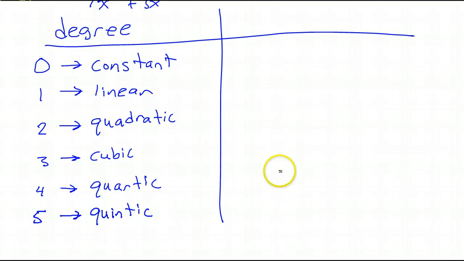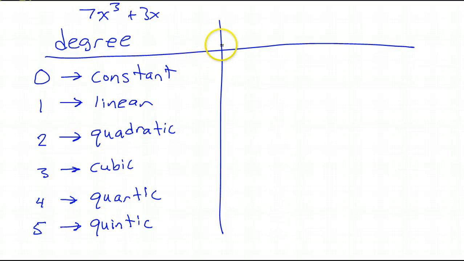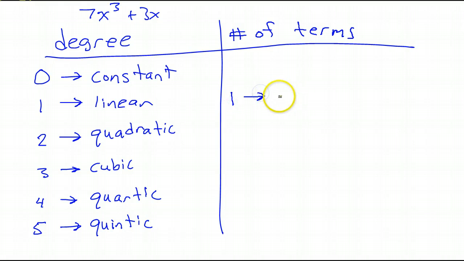On the other hand, we can classify according to the number of terms. Okay? If there's one term, we call that a monomial. Okay? So if I just have 7x to the third power, that's a monomial.